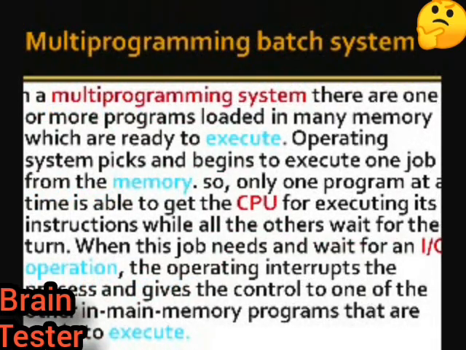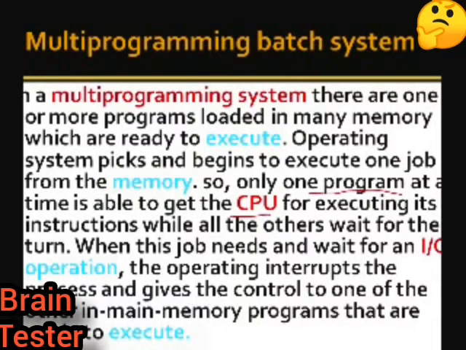Next is multiprogramming batch systems. In a multiprogramming system, there are one or more programs loaded in main memory which are ready to execute. The operating system picks and begins to execute one program from memory, so only one program at a time is able to get the CPU for executing its instructions, while all the others wait.